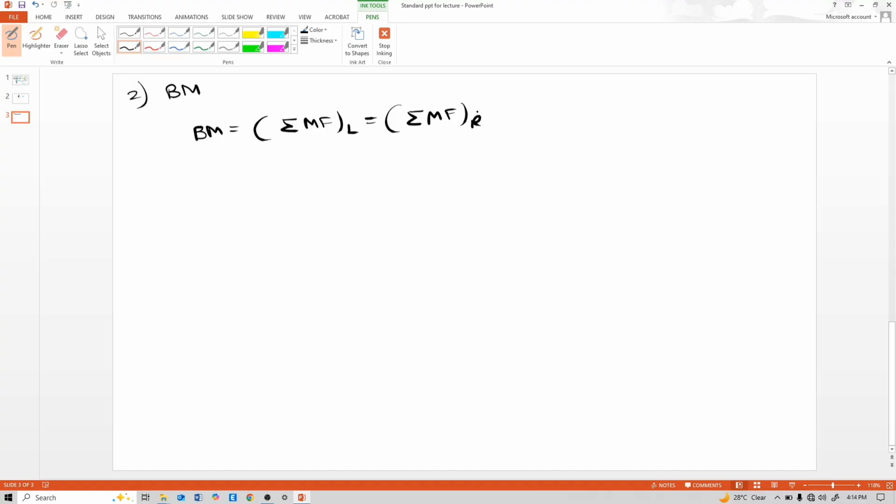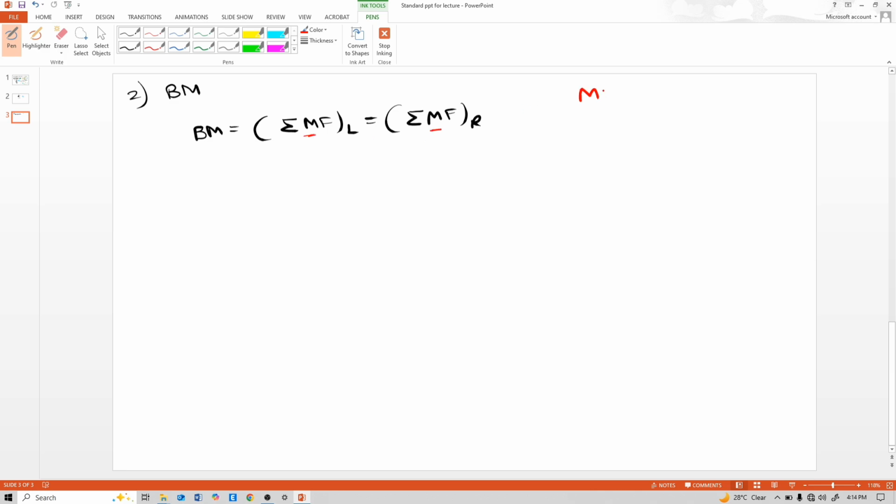See, the difference between shear force and bending moment. In shear force, we only take summation of vertical forces either left or right. Here, the moment word is new, and moment we all know.